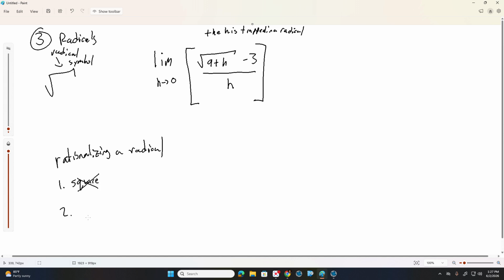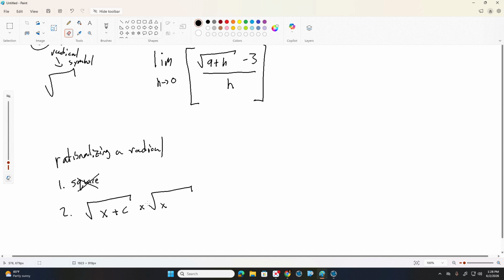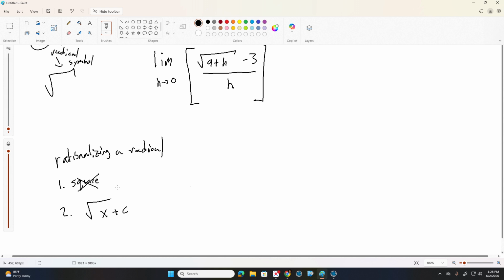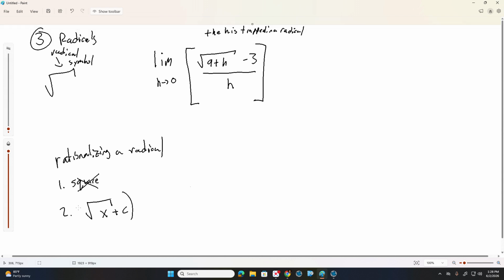But there's a really weird trick that if you take the square root of, just arbitrarily, x plus c, let me erase that. So this is the square root of x plus c.